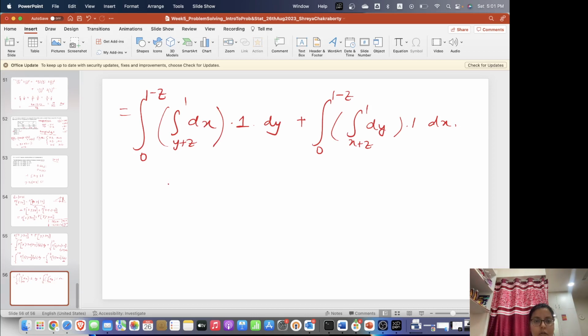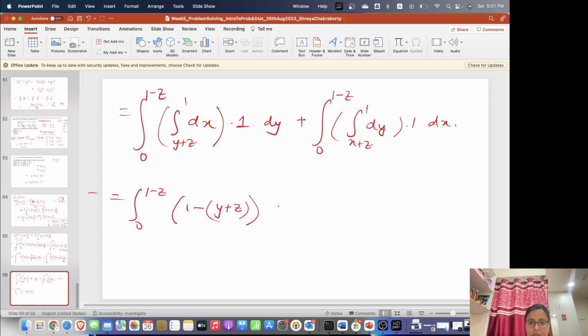So here we have the integral from 0 to 1 minus z of (1 minus y plus z) dy, plus the integral from 0 to 1 minus z of (1 minus x plus z) dx.